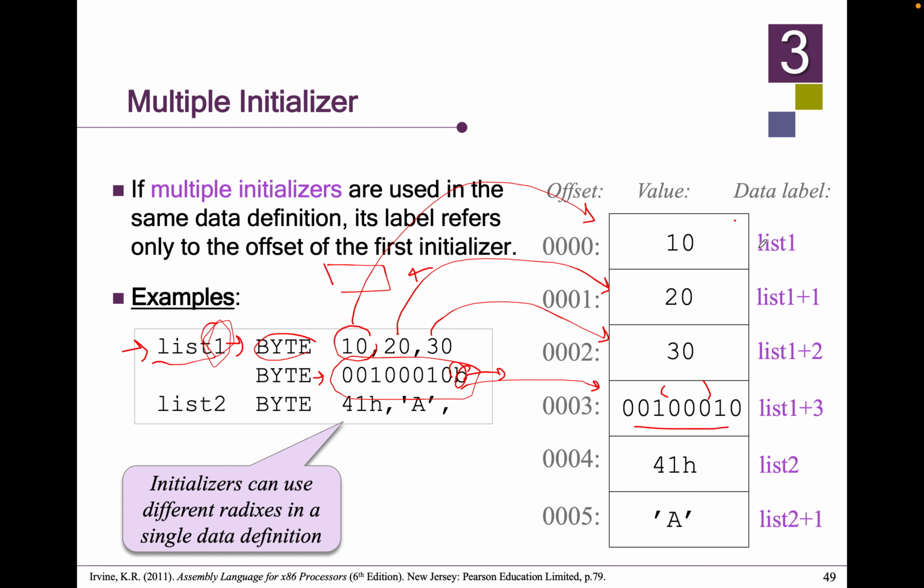Starting from list one, it moves to list 1 plus 1, list 1 plus 2, list 1 plus 3, and it's finished. Then it starts back with another define, you can see list 2, still byte. So you have 41, you pick here, and A you list here.